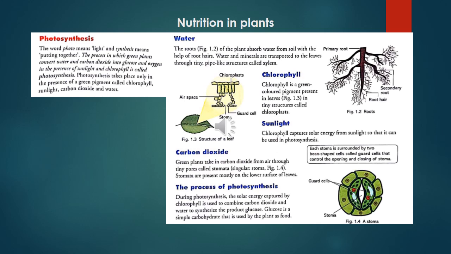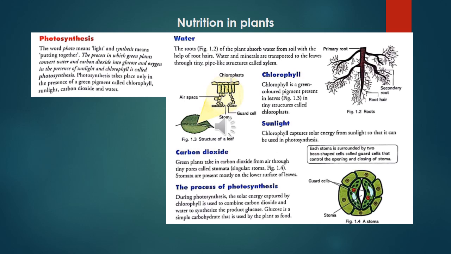So again, I want to say that water is absorbed by the root, chlorophyll is present in the leaves in the tiny structure called chloroplast, and sunlight is absorbed by the chlorophyll, then it is converted into chemical energy. Carbon dioxide they take from the stomata.